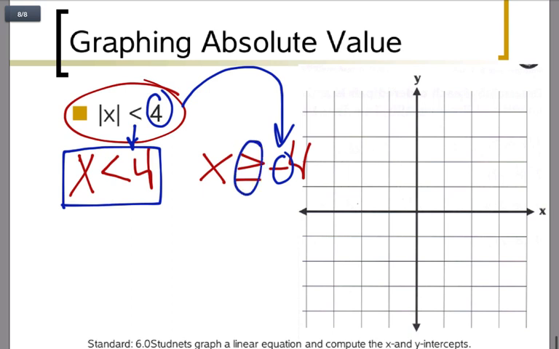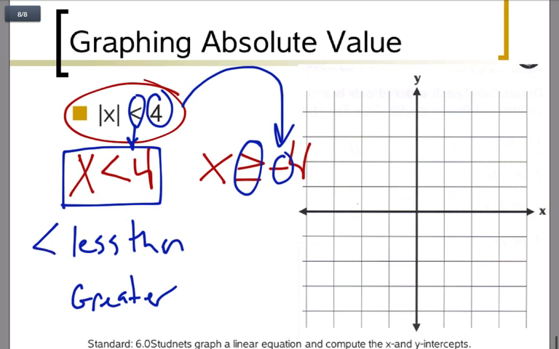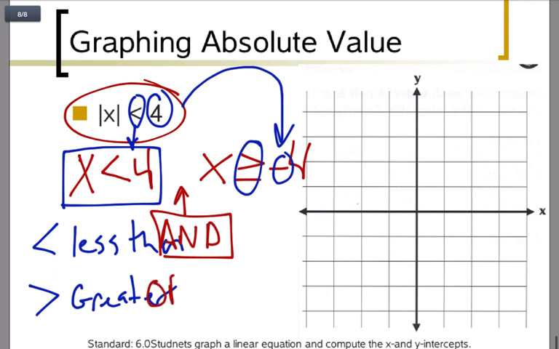Now, there's the word less than, and then there's greater. Now, less than looks like that, greater looks like that, and whenever we have less than, it's actually less than, which means that I want to write the word and in here. Okay? If it's greater, it's actually greater, which means I would write the word or.